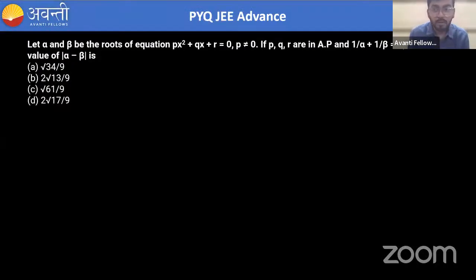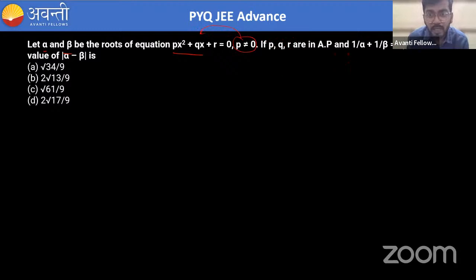Okay. So here in the first question, it is saying to us that let alpha and beta be the roots of the equation px square plus qx plus r such that p is not equal to 0.